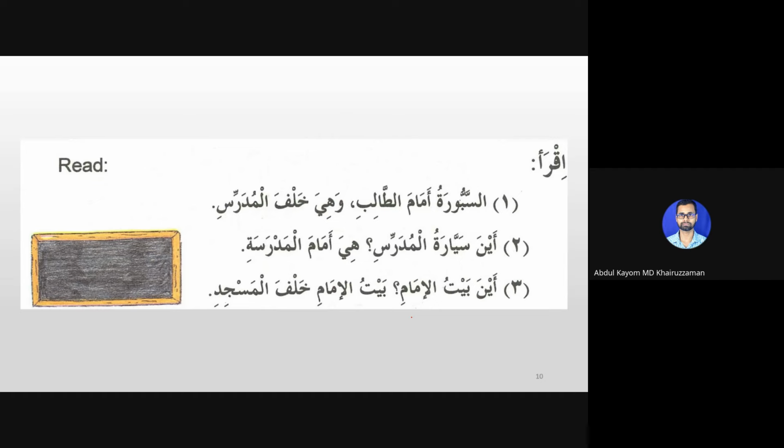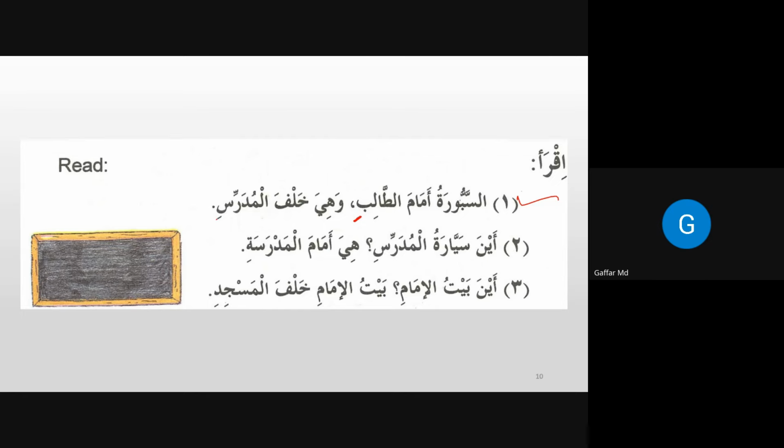Next we have Ikra, read. For blackboard we have a word as sabura. Saburatun as sabura. So can you read the first one? الصبورة أمام الطالب وهي خلف المدرس.